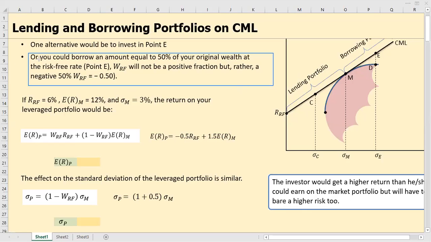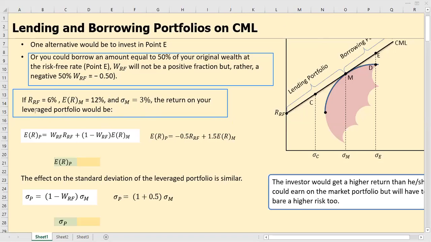Now here what we are going to do is borrow money, an amount equal to 50% of your original wealth at the risk-free rate, and the weight of the risk-free asset will not be a positive fraction but rather negative, that we know. So this is the information we have right now. Risk-free rate is equal to 6%, expected return of the market is equal to 12%, and the standard deviation of the market portfolio is equal to 3%, right?